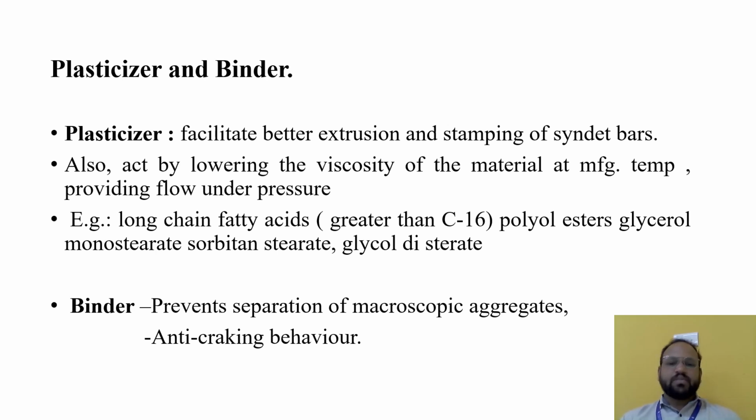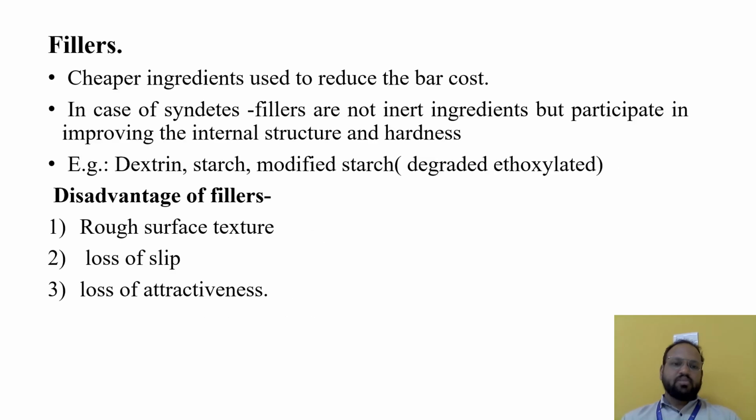Binders prevent separation of macroscopic aggregates, that is, anti-cracking behavior. Fillers: cheaper ingredients used to reduce the bar cost. In the case of syndets, fillers are not inert ingredients but participate in improving the internal structure and hardness. Examples: dextrin, starch, modified starch, etc. The disadvantages of fillers are rough surface texture, loss of slip, and loss of attractiveness.